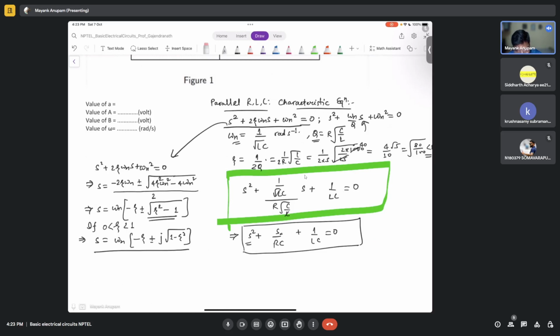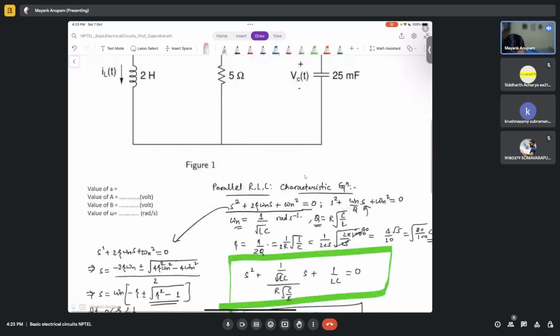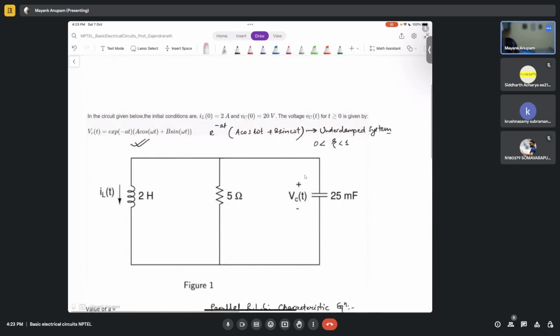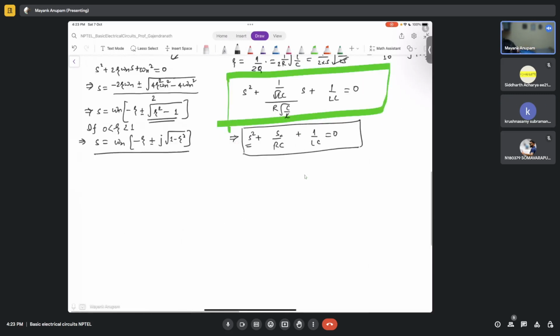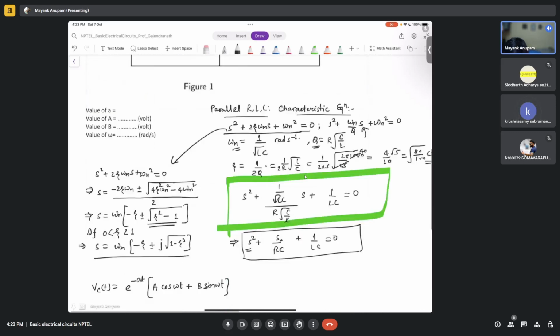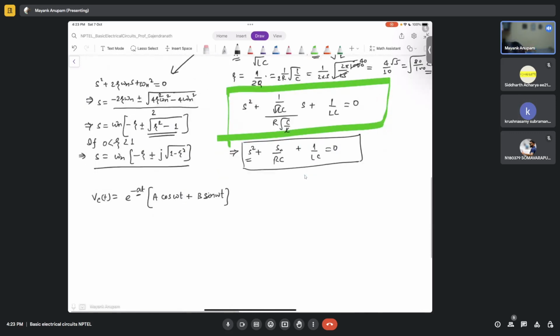So now tell me something, this solution here, vc of t, given that it is exponential, is like this: e to the power minus a t times a cos omega t plus b sine omega t. This is the solution that we are getting here. What is this a and what is this omega here?